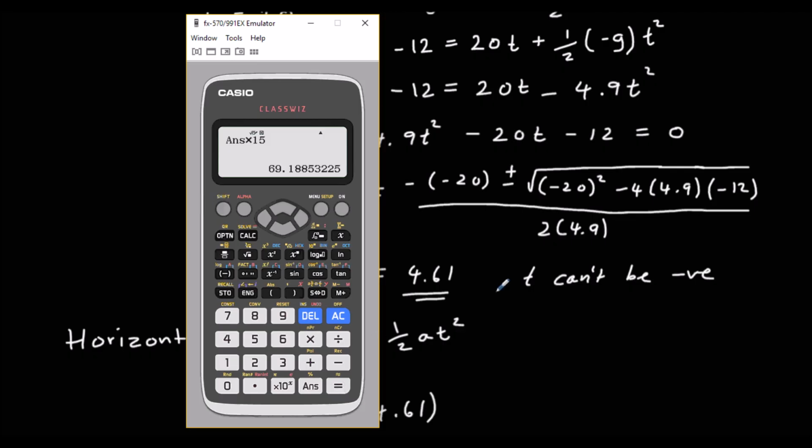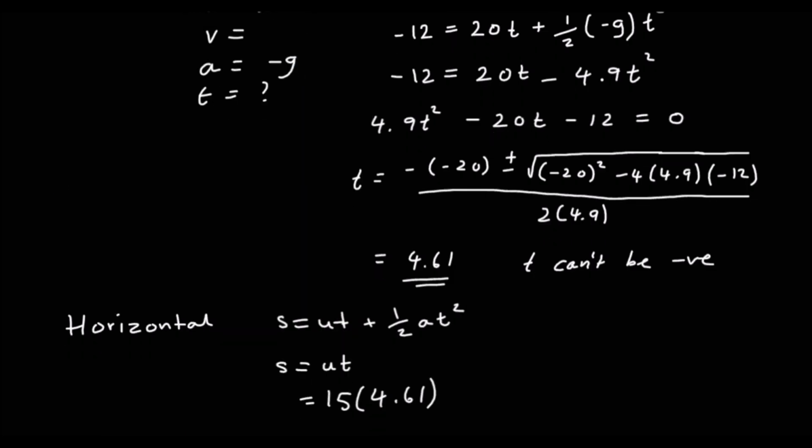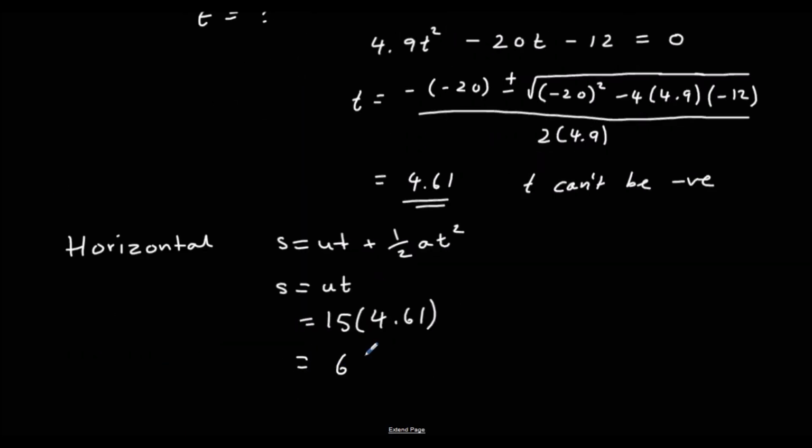And that gives us, to two significant figures, 69 meters. So 69 meters to two significant figures.